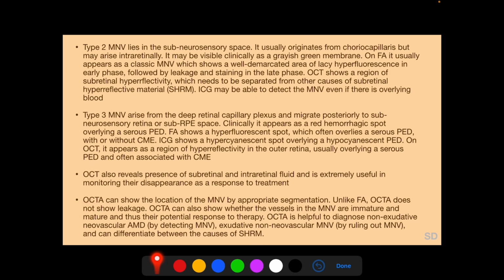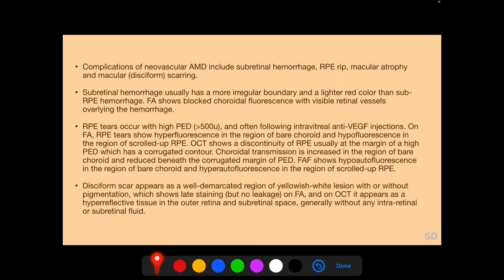OCTA can also show whether the vessels in the neovascular complex are immature or mature and thus their potential response to therapy. OCTA is helpful to diagnose non-exudative neovascular AMD by detecting the MNV, exudative non-neovascular AMD by ruling out MNV, and can also differentiate between the various causes of SHRM.